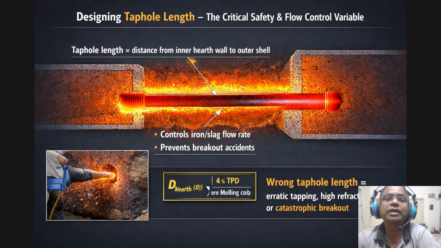Looking at the example at the bottom of the slide, 8,000 TPD, 6 casts per day, 80 minutes per cast. So total minutes is 6 times 80, which is 480 minutes. So tapping rate is 8,000 divided by 480, which is 16.7 tons per minute.